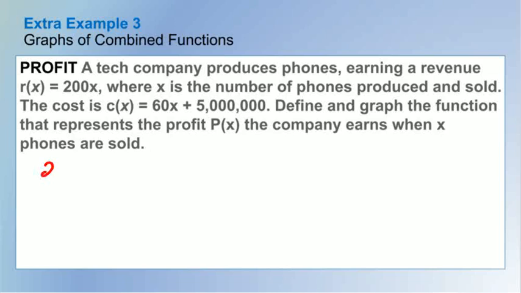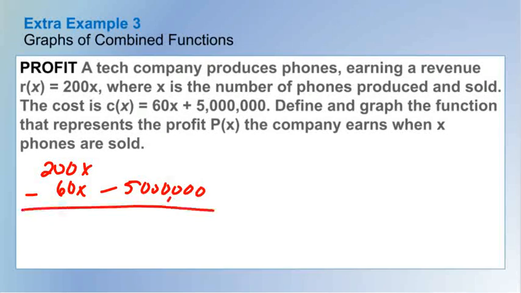So I'm going to take 200x, and I'm going to subtract 60x, and then I have to subtract the 5 million. And that's going to give us P of x equaling 140x minus 5 million.